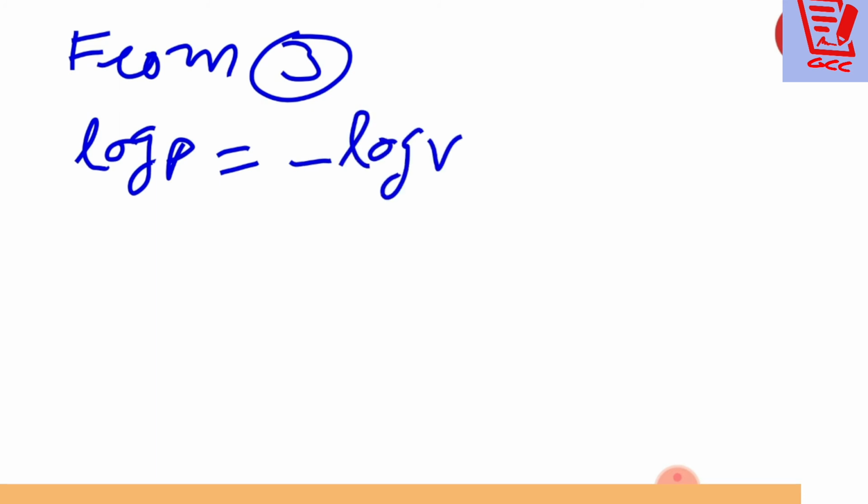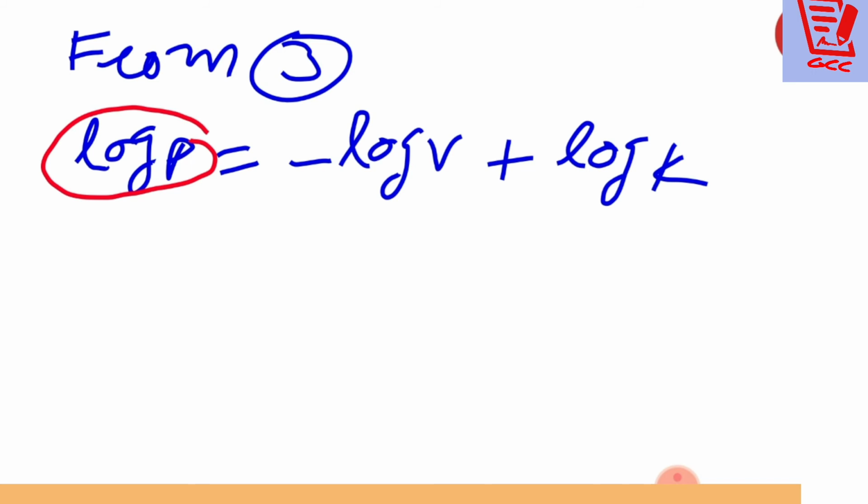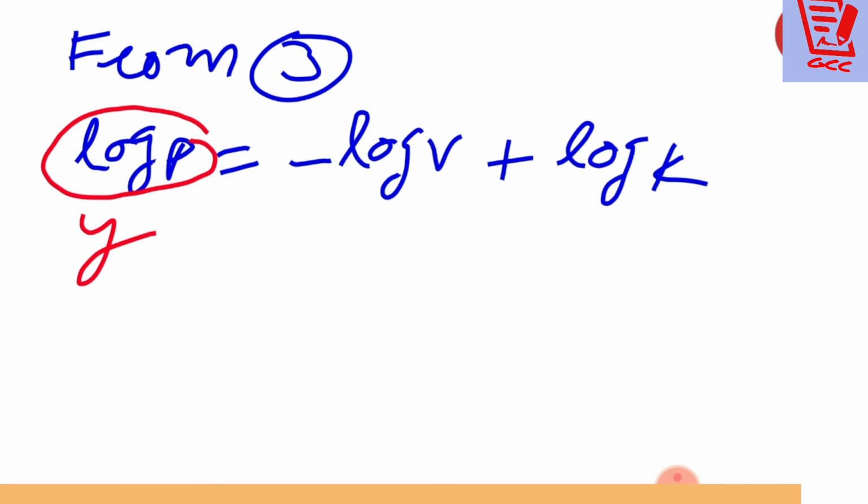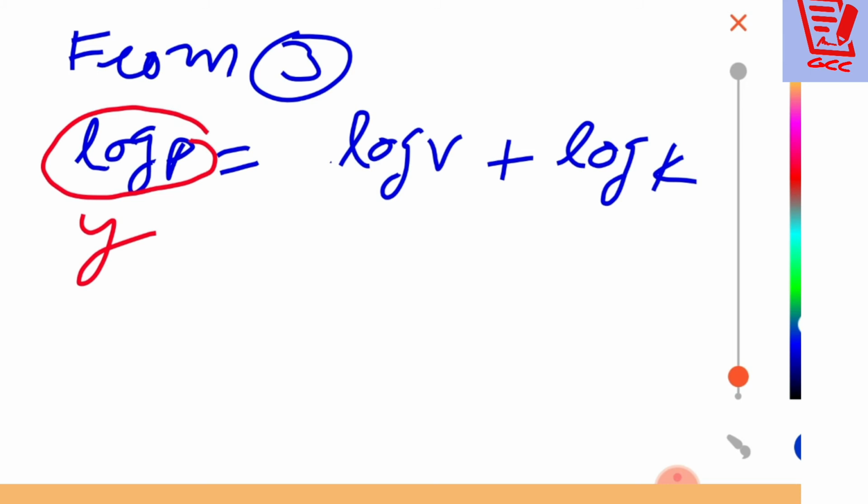We have written like this: log of P is equal to minus log of V plus log of K. I think it's clear to you now. What I am going to do over there now, this is Y, then here it is. Just you see, can I write like that to this one? You please see, that is minus 1. Can I write?